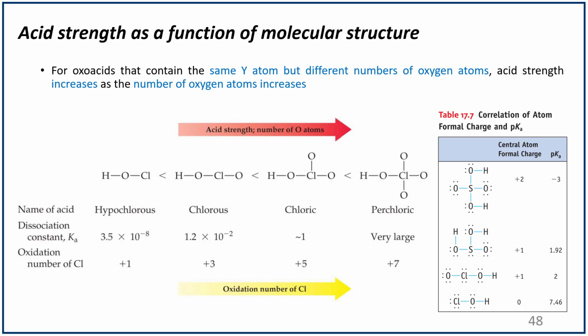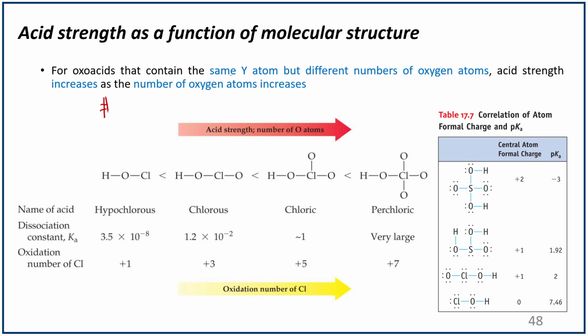In fact, it's the second most electronegative element next to fluorine, at least from periodic trends. And the presence of more oxygens just introduces more electron withdrawing groups into the acid structure. So let's write that down.